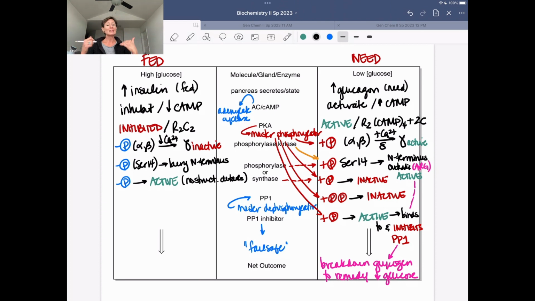Okay, last two pieces to put into place here is when we think about PP1. Now, this is the one thing that's a little bit weird, okay? We are actually going to be adding a single phosphate to PP1. Adding a single phosphate to PP1 makes it active.